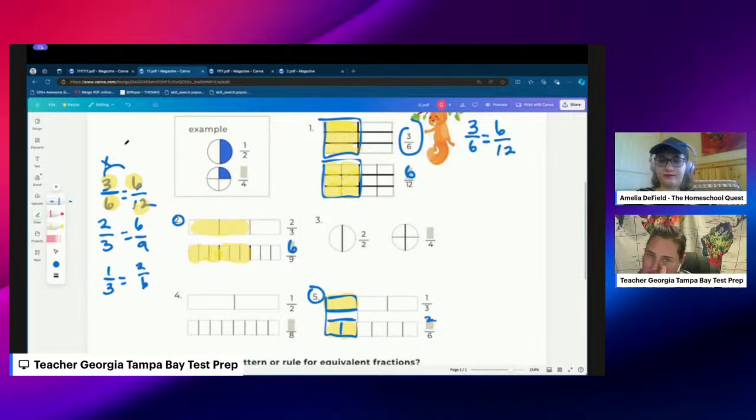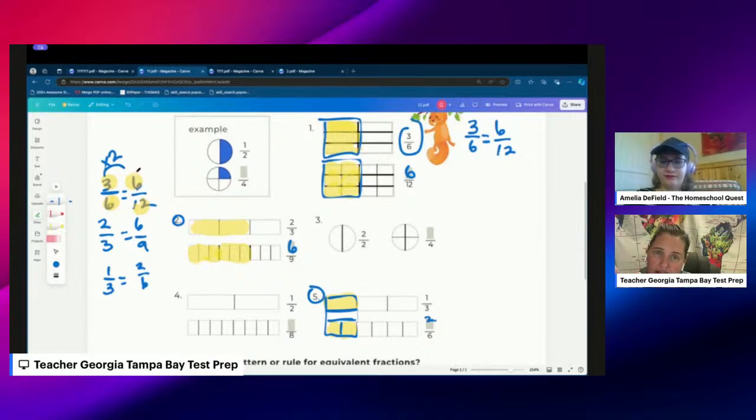So I'm using an unknown. Does 3 times 1 equal 6? 3 times 2 equal 6? Does 3 times 100 equal 6? So as you're thinking through your 3 facts, I'm going to say, well, 3 times 2 equals 6. Let me know if I'm wrong here, but 3 times 2 equals 6.